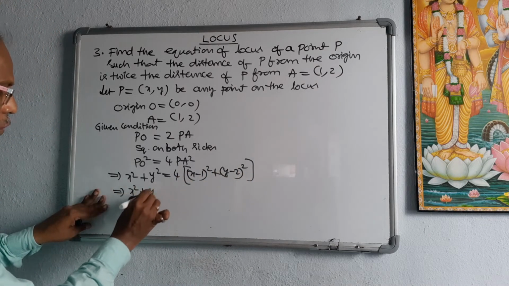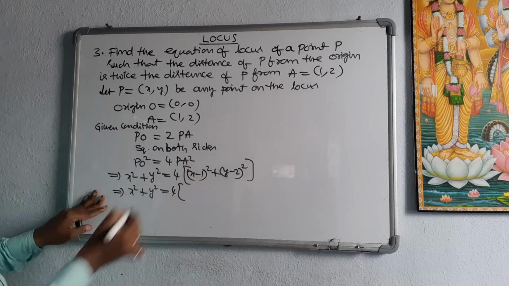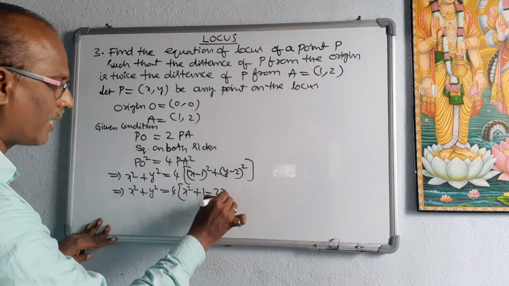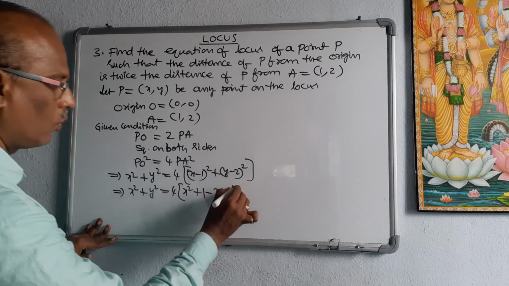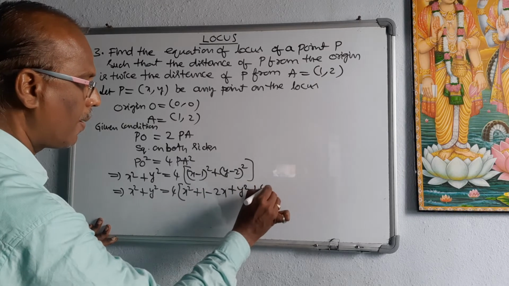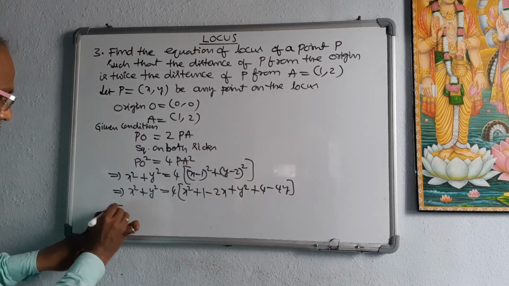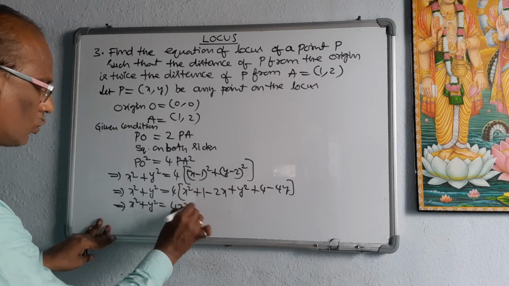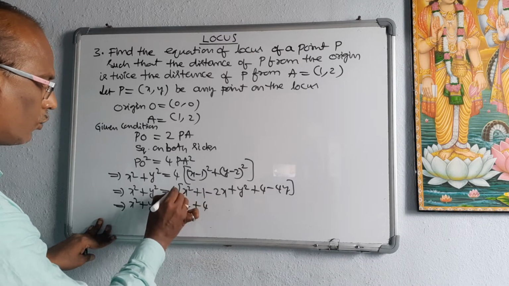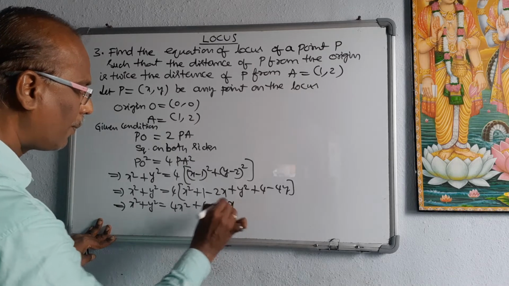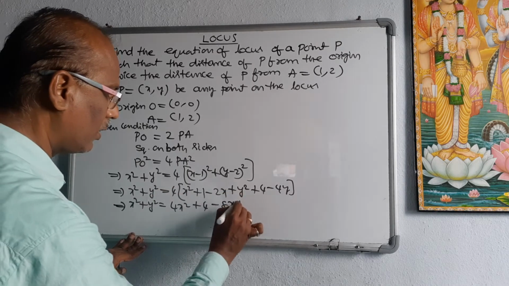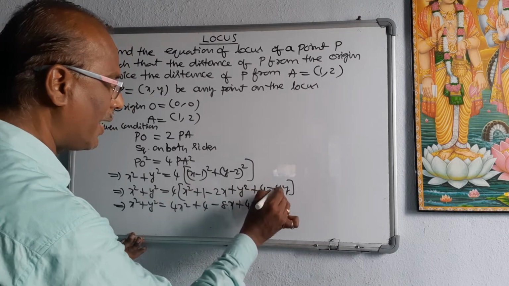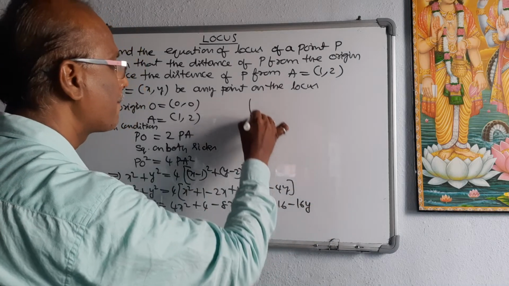x square plus y square equals 4 into the expansion: (x - 1) whole square is x square plus 1 minus 2x, and (y - 2) whole square is y square plus 4 minus 4y. Multiplying with 4: 4x square, 4 into 1 is 4, 4 into minus 2x is minus 8x, 4y square, 4 into 4 is 16, 4 into minus 4y is minus 16y.